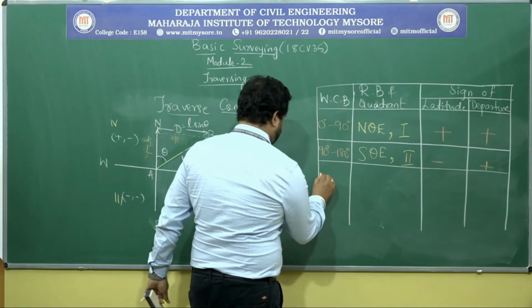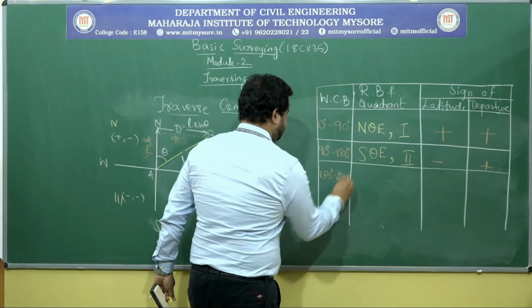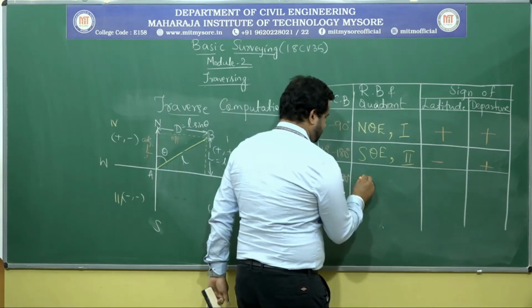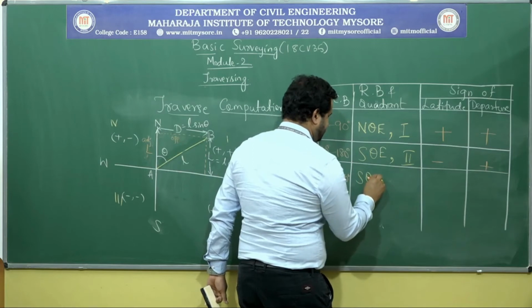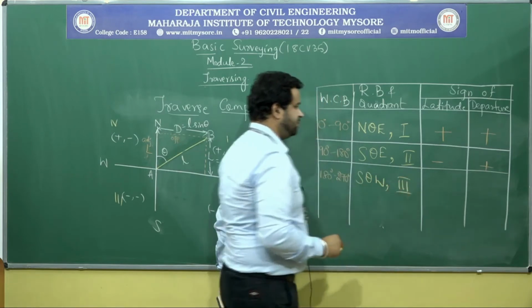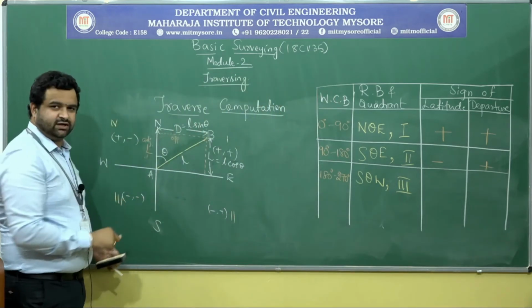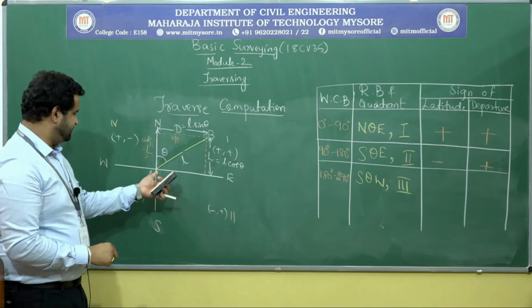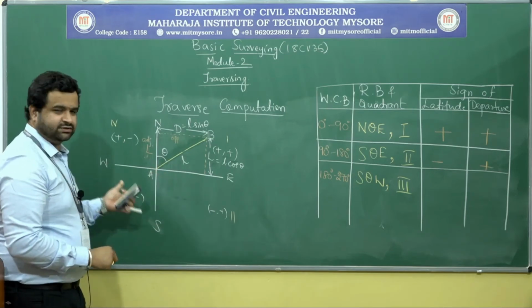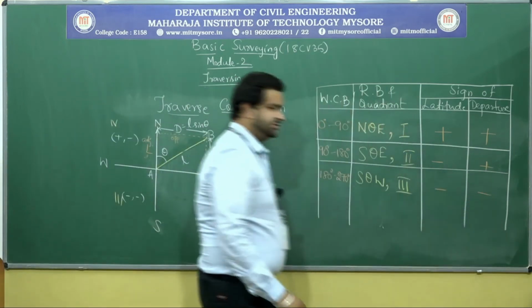Next, third quadrant ranges from 180 degrees to 270 degrees. If I write the same thing in RB, that is south theta west, quadrant 3. In third quadrant, if you observe, both the signs are minus, that is the latitude is towards south and the departure is towards west. So sign convention to be written here is minus.